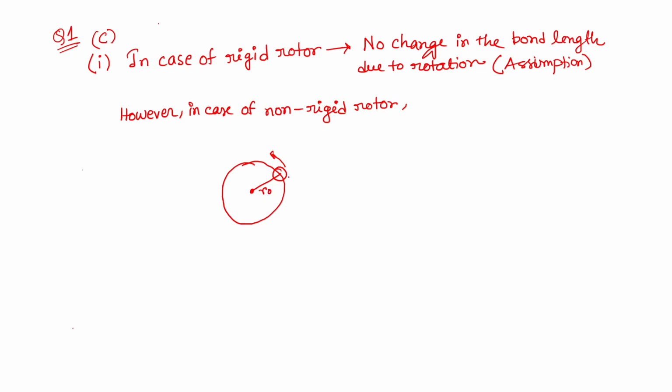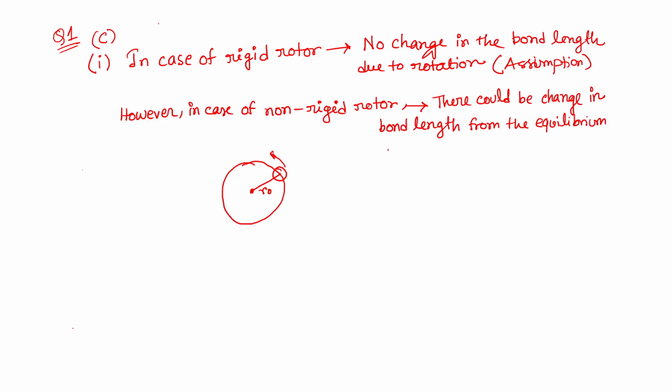So this was the R0, but due to this rotation, now there could be a change in bond length from the equilibrium bond length, or what is R0.